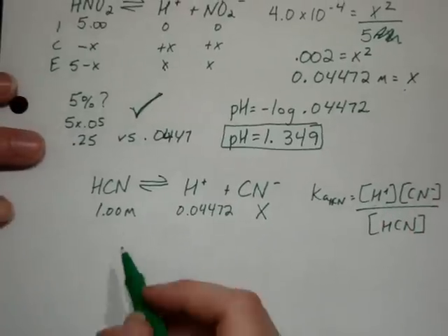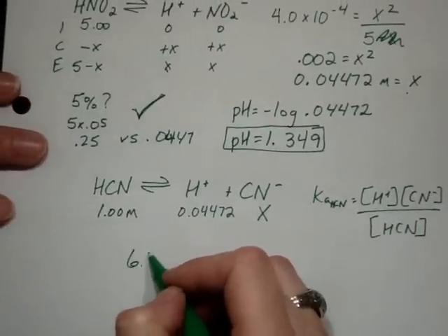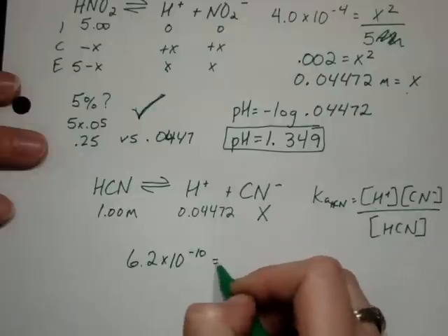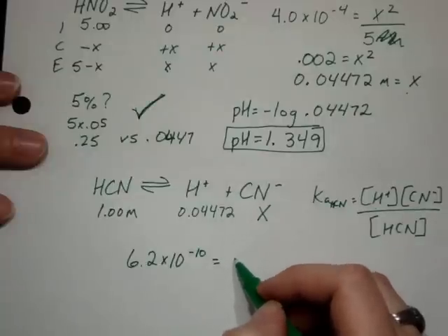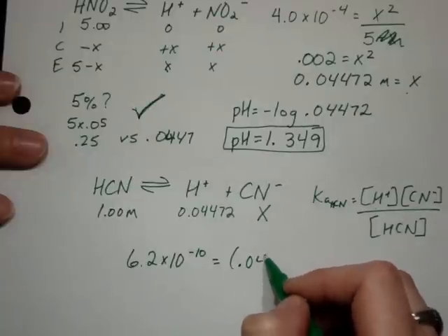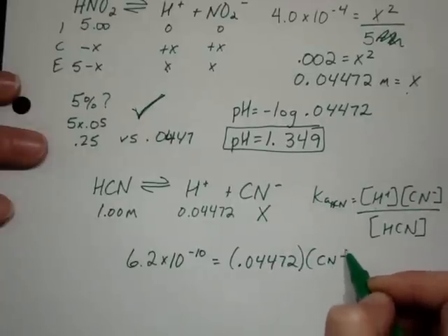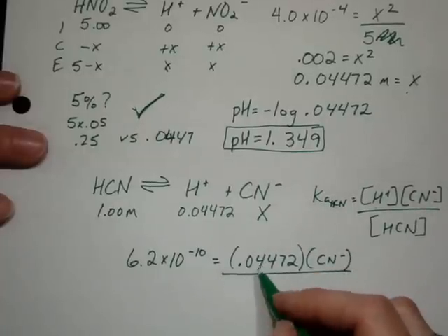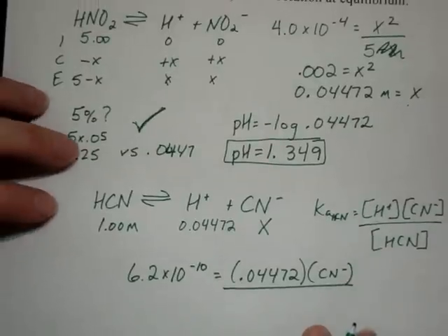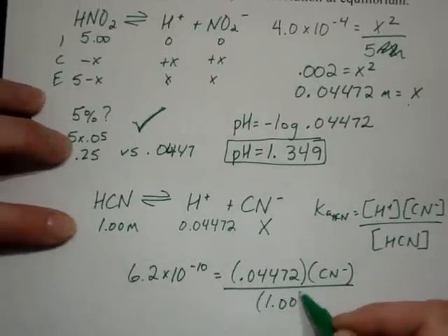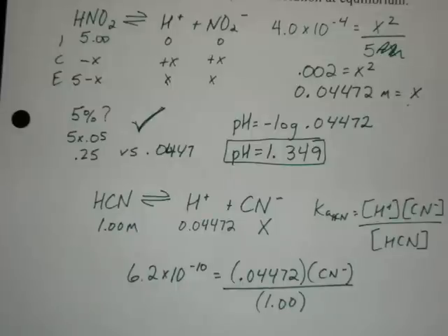We just have to solve for this missing piece. Ka is 6.2 times 10 to the negative 10. Hydrogen is 0.04472. CN we don't know. HCN is the beginning concentration here, so 1.00 molar. And we just solve for the CN.